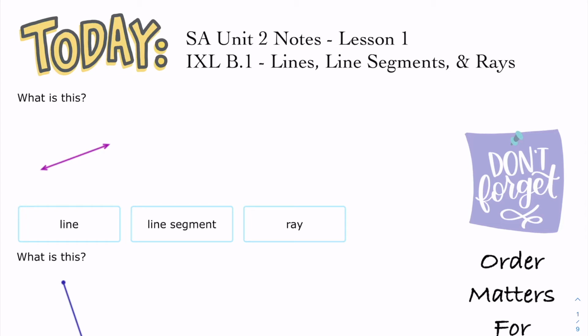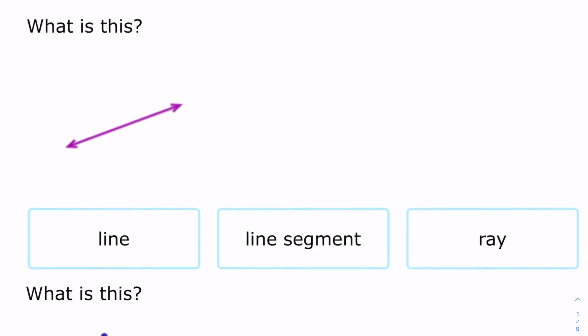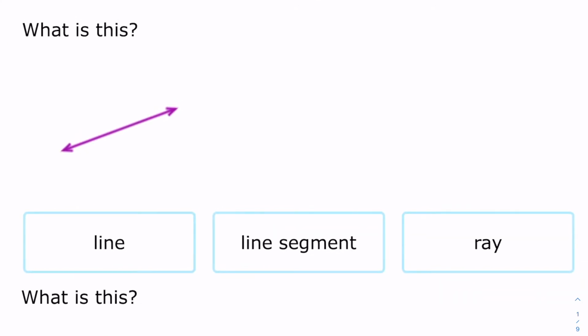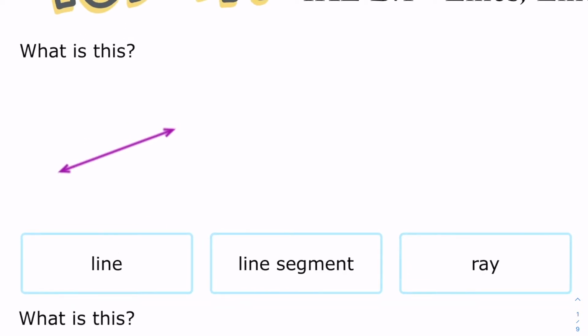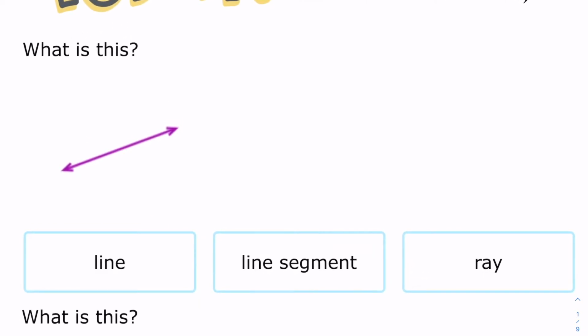So the first thing is identifying different geometric items. In this first one, the question is, what is this? What we need to know is the three things that this lesson will focus on. One is lines. Those go on forever in opposite directions. It's a collection of points.